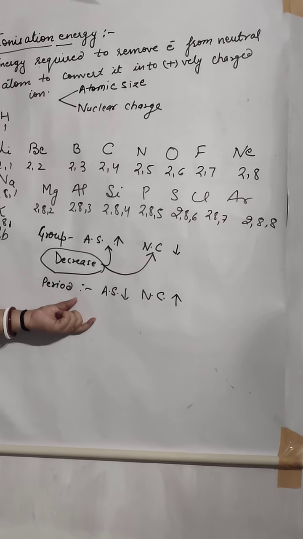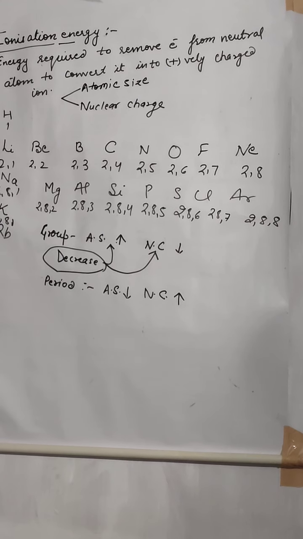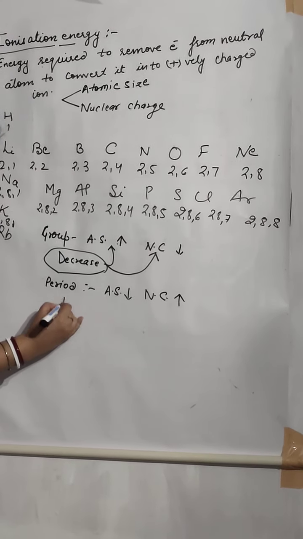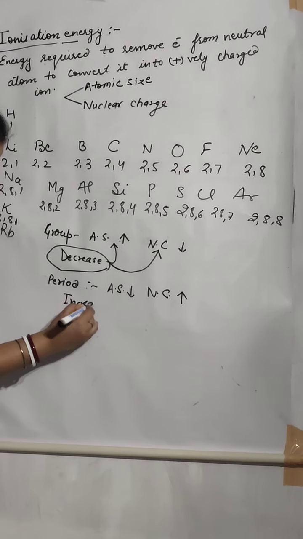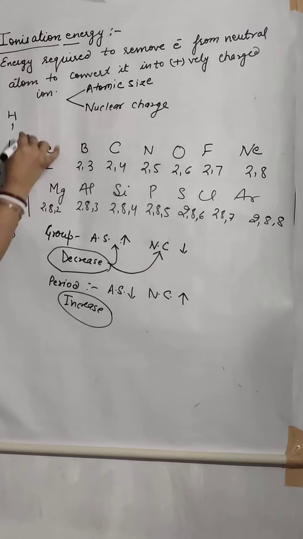So we have to give more energy to remove the electron. So when you move left to right in a period, ionization potential will increase. But there are a few exceptions.